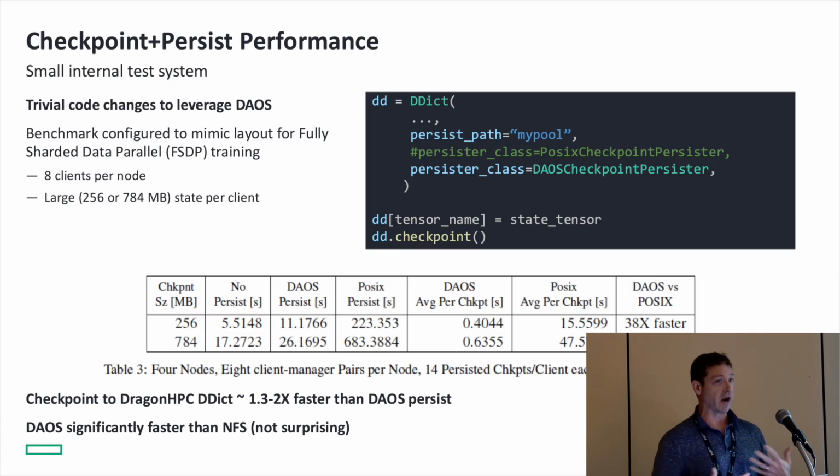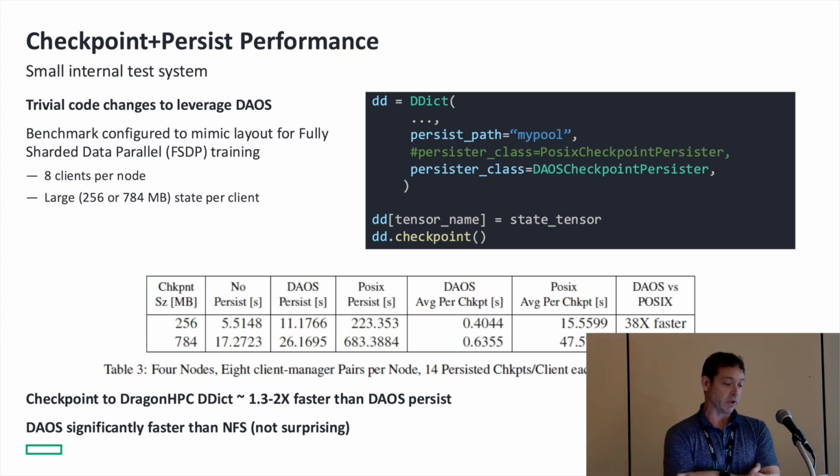What they're doing is interacting with what looks like a regular Python dictionary that has some added features for the concepts of checkpoints, and I've got a little piece of code there. On some frequency that users can define, they can persist that data out to DAOS. They can checkpoint at really high frequency because that's in memory, and at a slower frequency persist that out to disk to handle catastrophic failures.